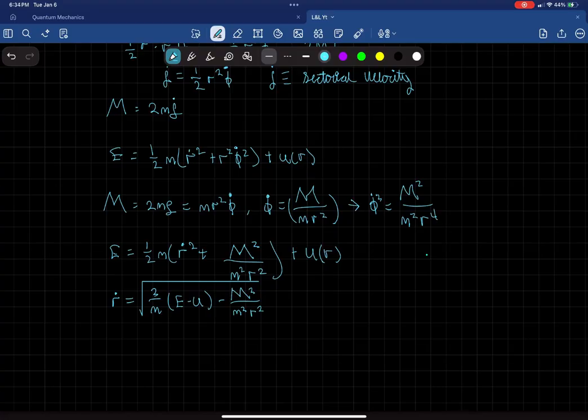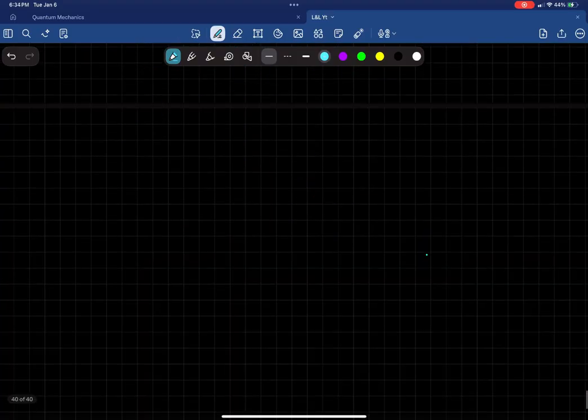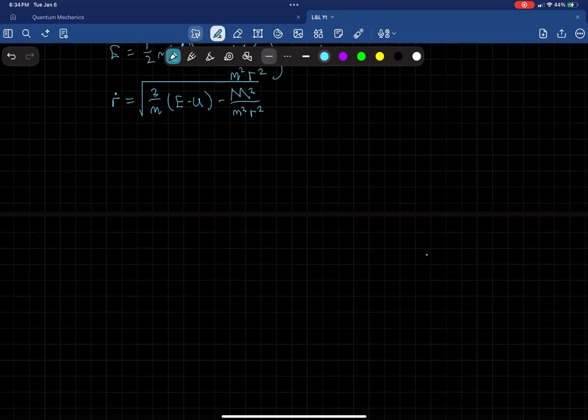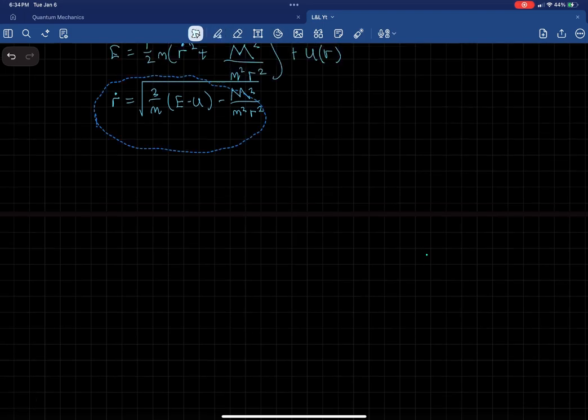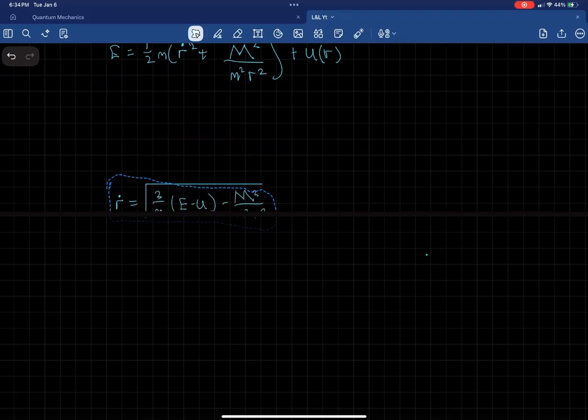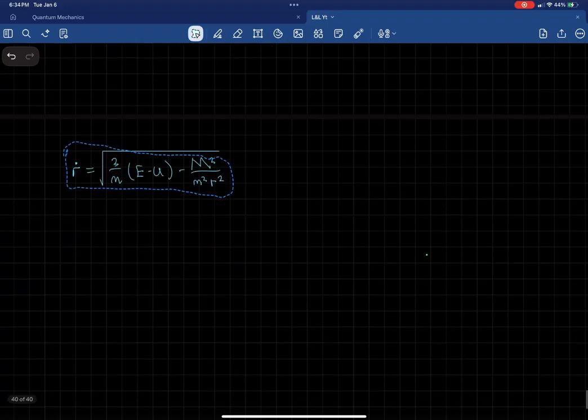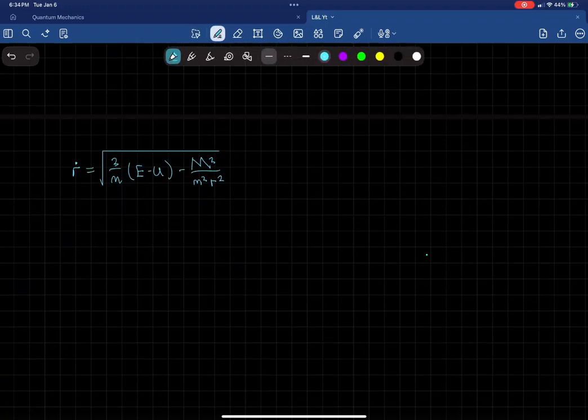So first, to get this as a function of time, I'm actually just going to move this here. We know that r dot equals dr dt, so equals the square root of 2 over m, E minus U minus capital M squared over m squared r squared.